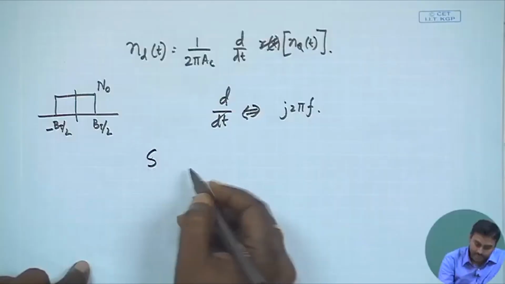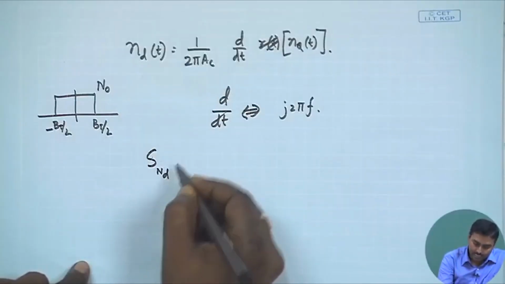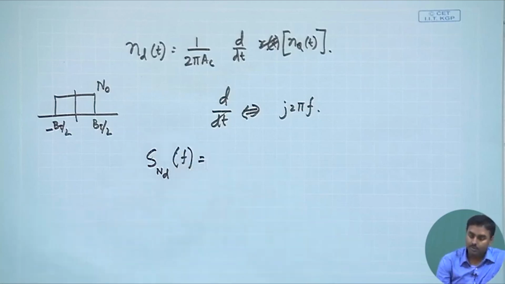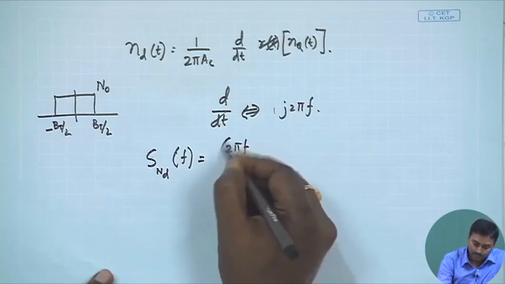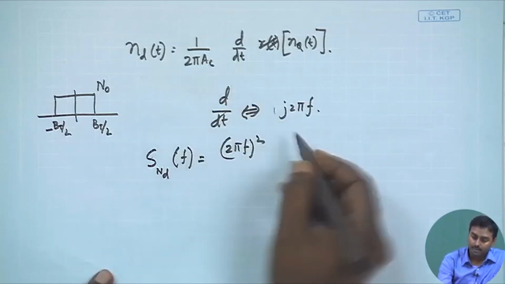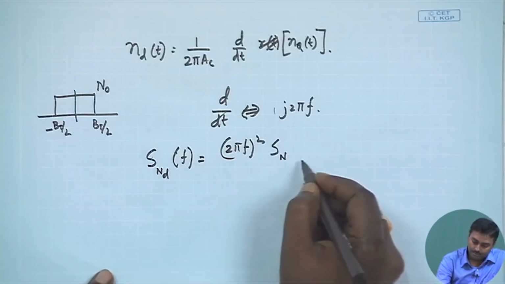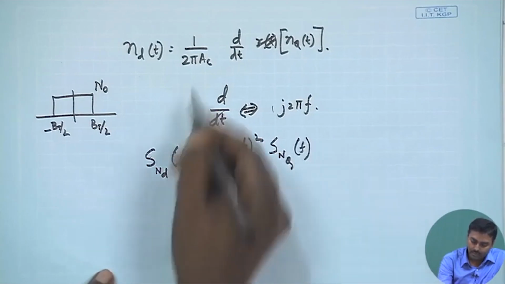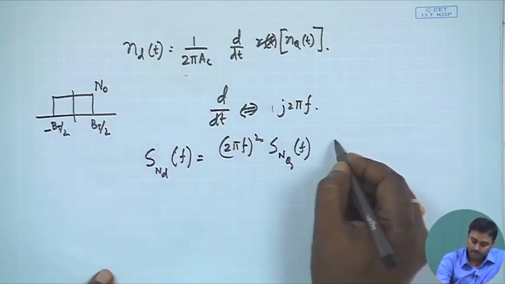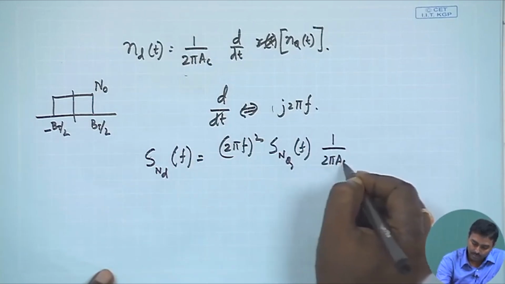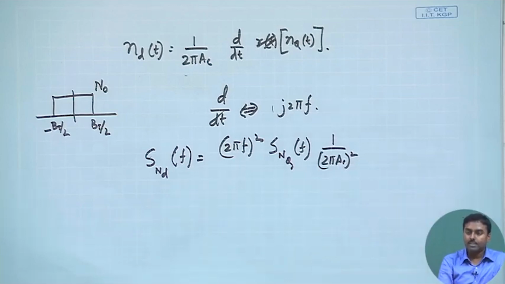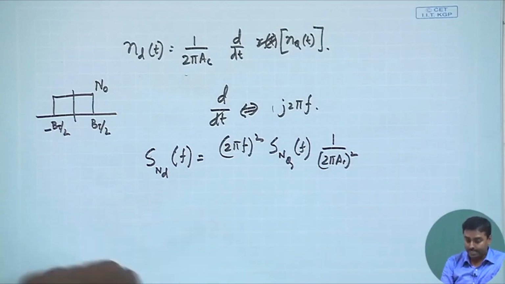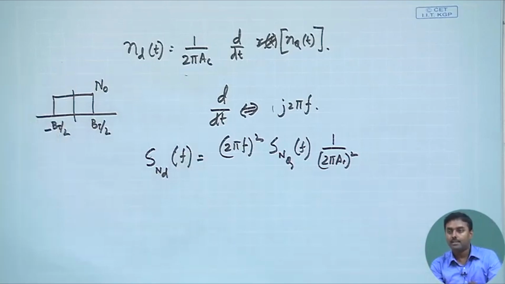So, we can write the power spectral density of N_D must be equal to mod H f square, which is 2 pi f whole square, into S_NQ f, and you also have the factor 1 by 2 pi AC whole square. So, this must be my S_ND f, which characterizes my noise after the discriminator circuit.